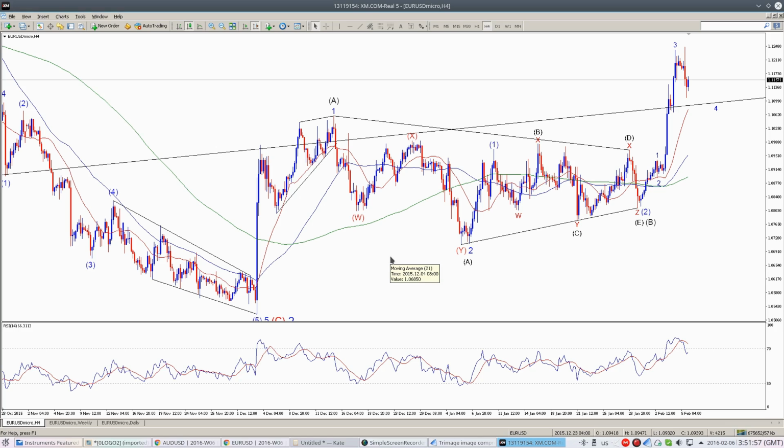I have personally decided to adopt a much more bullish outlook for the pair, and I count this as the end of wave 2, and I will show you on a higher time frame what I mean.